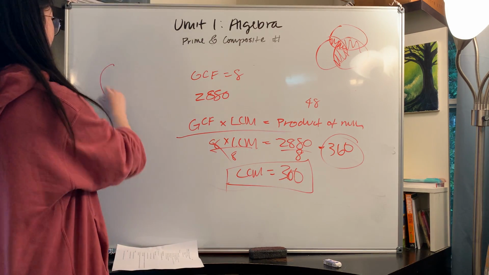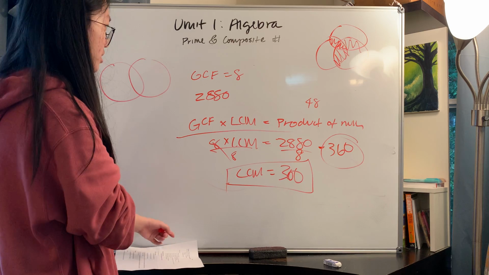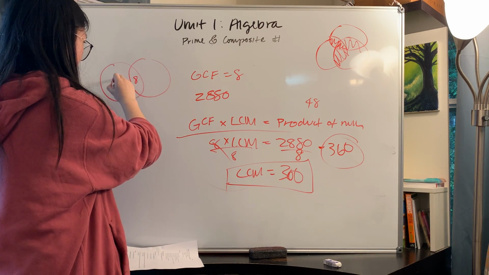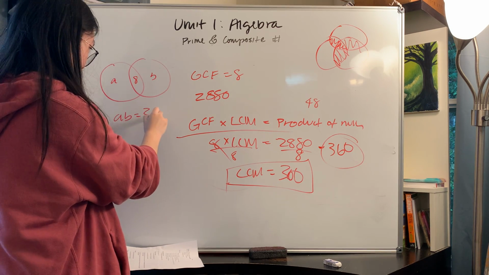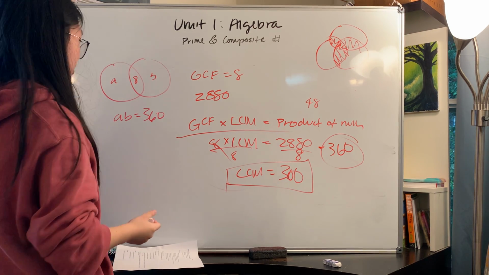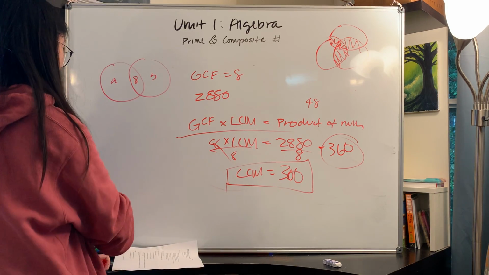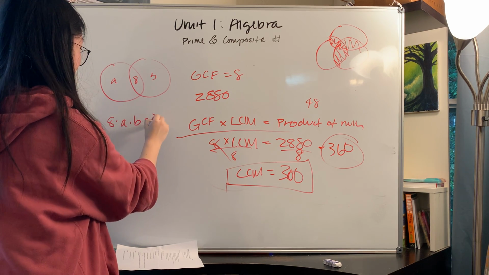So if you have your Venn diagram and you have your two mysterious numbers, we know the greatest common factor is 8. We know we have two numbers here, like A and B, and A times B has to equal 360. And so this, not A times B, 8 times A times B is equal to 360.